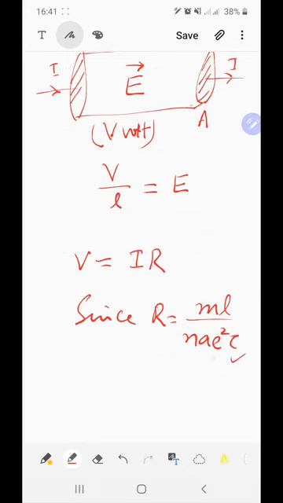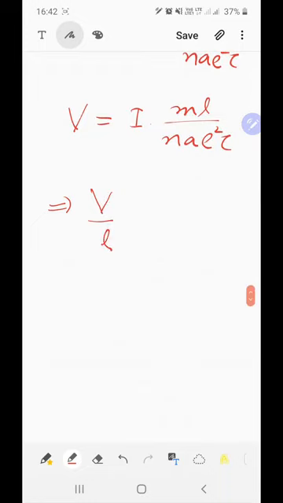If I put this value of R, you will get V is equal to I into m L upon N A e squared tau, which can further be written as V divided by L. I'm transferring L to that side, and I here beneath and A here beneath I, so that I get V by L is equal to I divided by A into m upon N e squared tau.